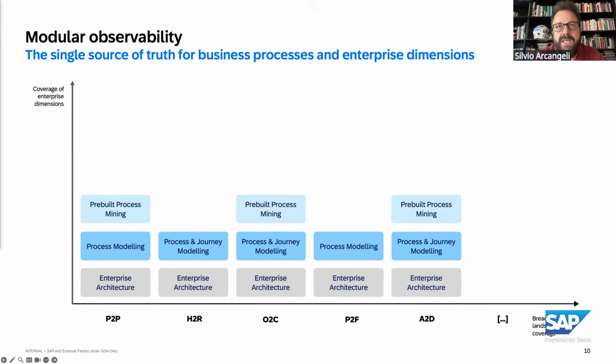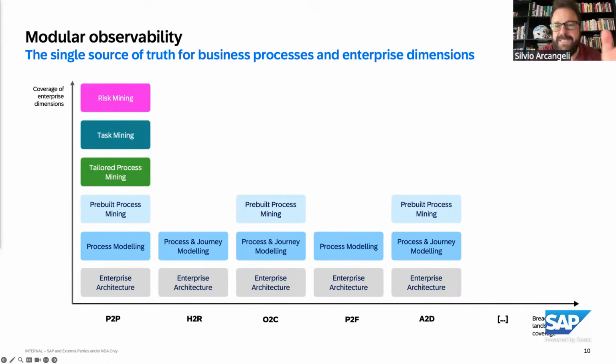So without having to model any event log or to do any typical activity that you need in classic process mining approaches. Then perhaps in this example, in procure to pay, you might need to go a little bit further, because you might have some custom or some adjacencies around SAP, of course, some other applications like, I don't know, Coupa, like OpenText, of course, like other smaller vendors that you might want to integrate into your landscape.